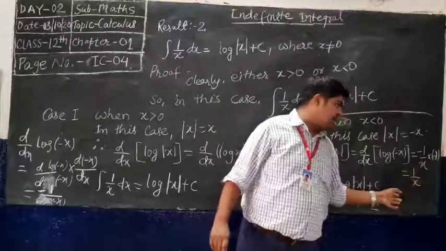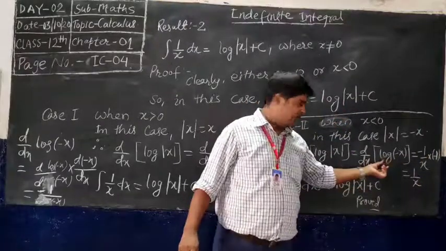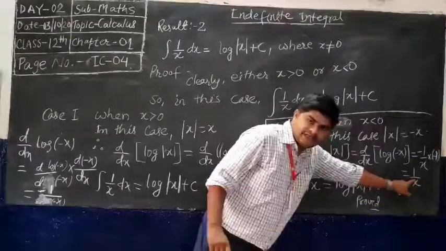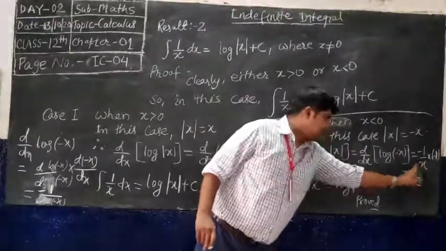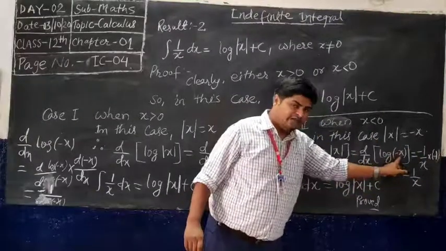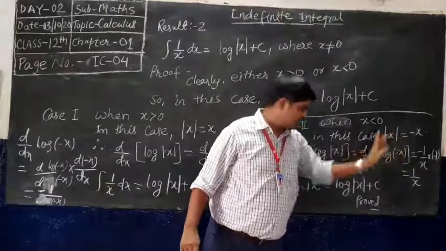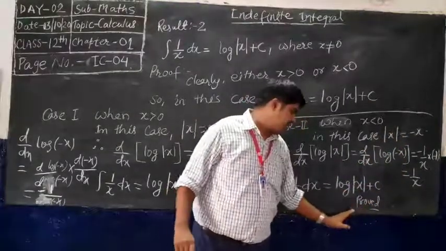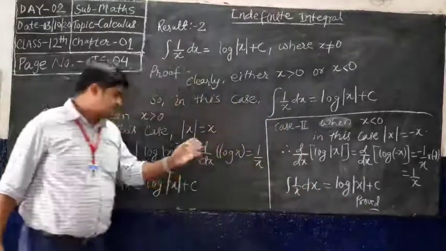That means the derivative of log of minus x is also 1 by x. So you will put here integration of 1 by x dx is equal to log of minus x, which becomes log mod x plus c. So this is verified in both cases.